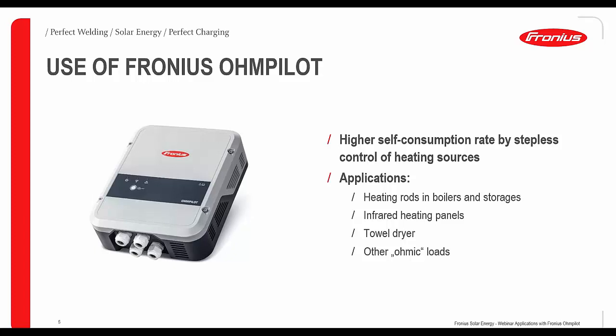And only the surplus energy that is within the system in the household is sent steplessly to control the heating source that is connected. And the applications, you can see it down below, can be heating rods in boilers for storage. It also can be infrared heating panels, towel dryer, or any other ohmic load.